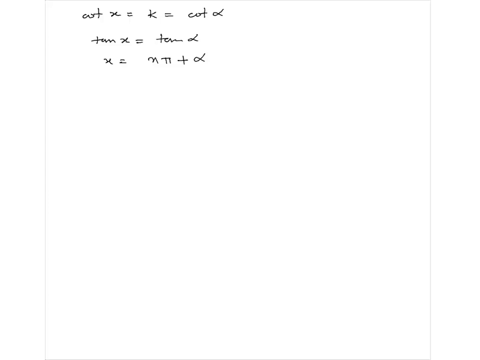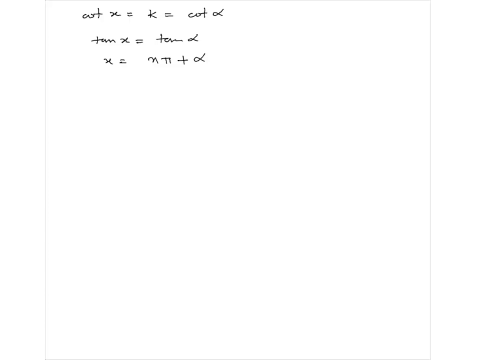So it may happen that when you are doing these problems, your answers are not matching with the answers given in some textbook. It may happen because the author of that question, say, has solved it in cos form and you have solved it in sine form.